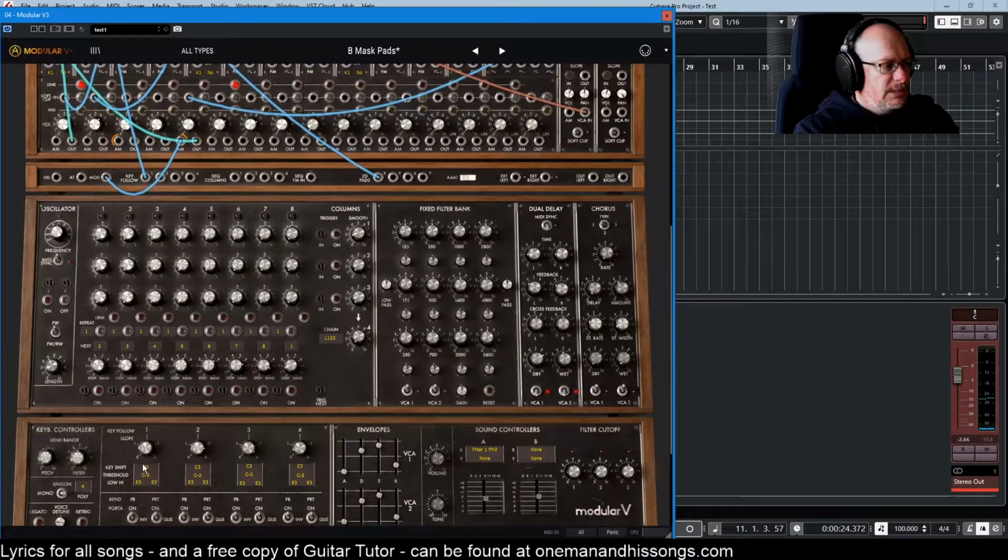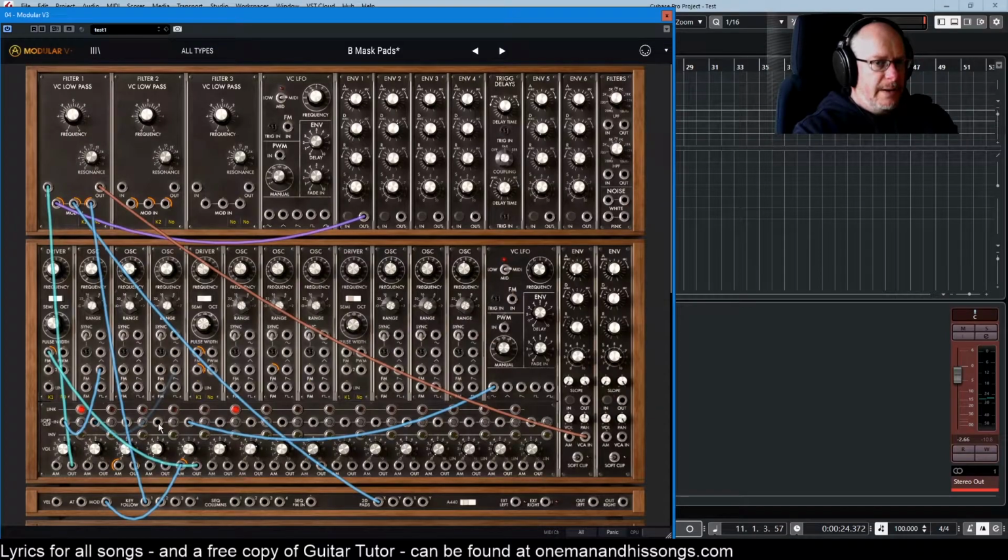So our center point is C3, so there's not going to be any change there. Go down to C2. Take the cable away. It gets duller. That's because a negative modulation amount is being applied to that input source, to that modulation source.